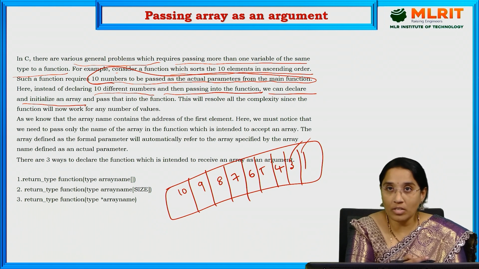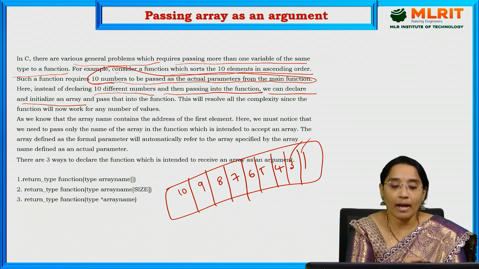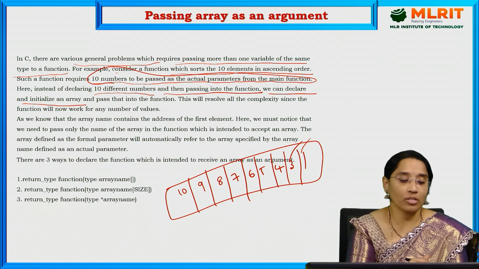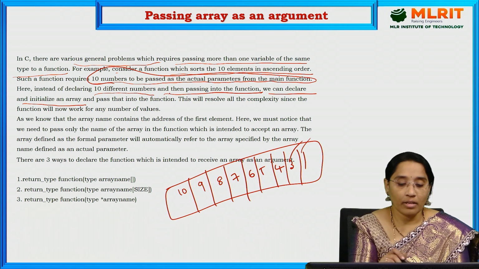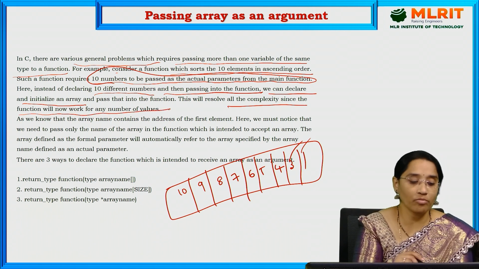Instead of passing each individual member separately, you will just declare an array, initialize it and pass it to the function. This will resolve all the complexity since the function will now work for any number of values.